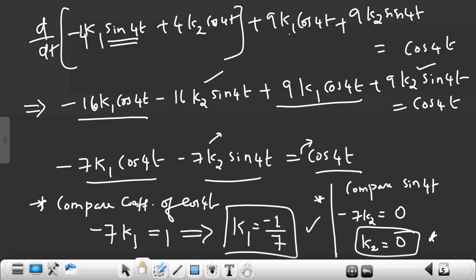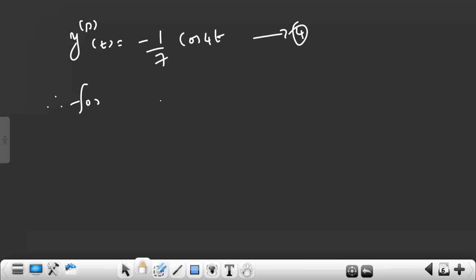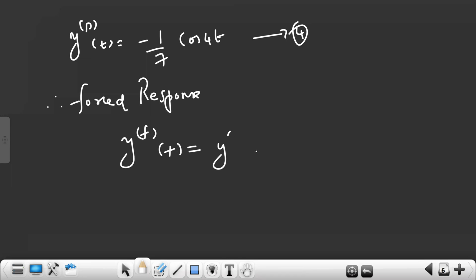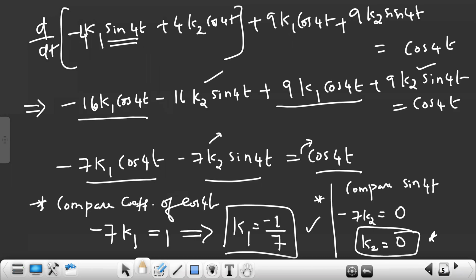As of now, we got our particular solution. Now we will write the forced response. Forced response Yf of t is equal to natural response plus particular solution. Your natural response, from equation number 1, was C1 cos 3t plus C2 sin 3t.